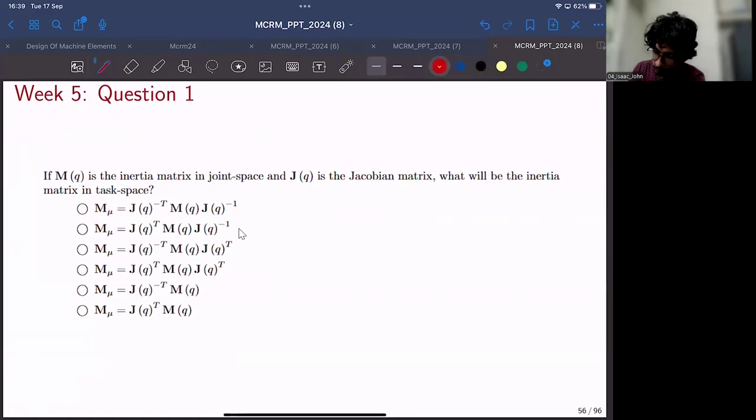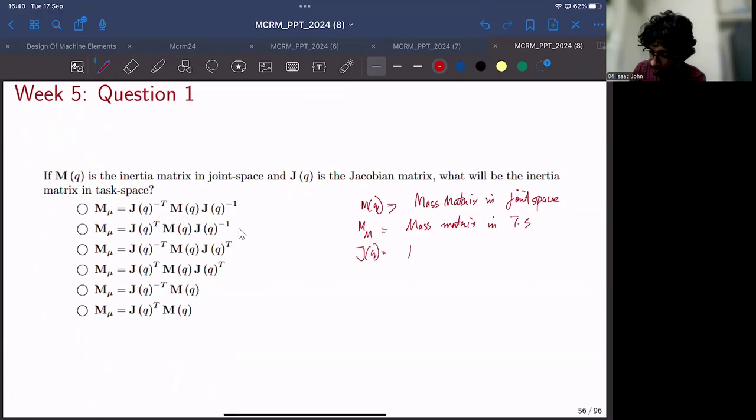If M of Q is the mass matrix in joint space, and M of mu is the mass matrix in task space, and J of Q is the Jacobian matrix.